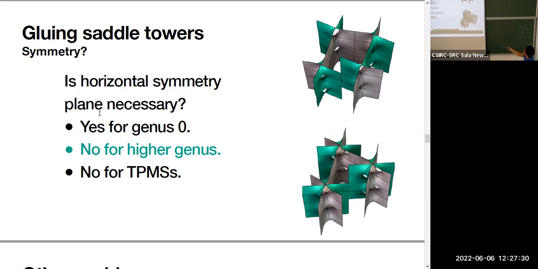So here I travel towards this saddle tower, raise pi over 2, raise another pi over 2, raise another pi over 2, and go back. So we raise 2 pi. So you have to close this new period. And for this, 2 pi over 3, 2 pi over 3, and back.